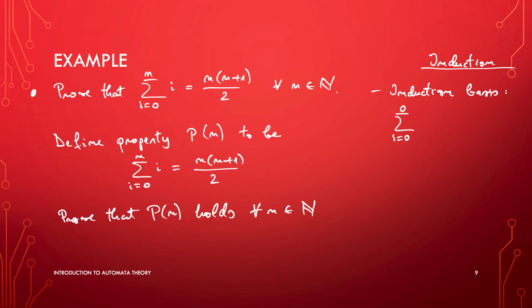And it's summed by i. So obviously, this is a trivial sum with no term, so that's 0. And obviously 0 can also be written as the result of this calculation, 0 times 0 plus 1 over 2, which is exactly what we were supposed to have in our property P of 0. So that means that P of 0 holds.